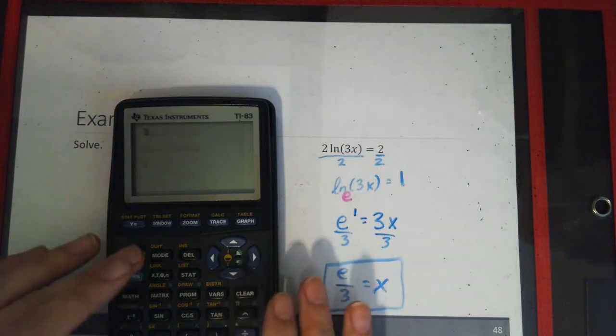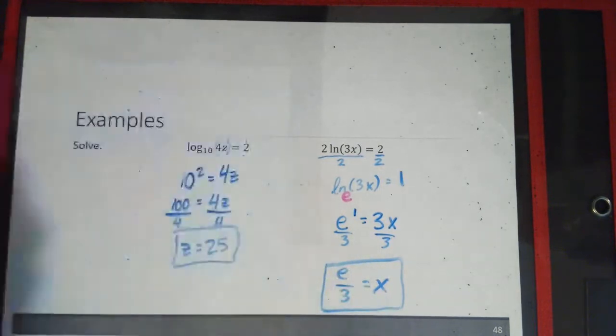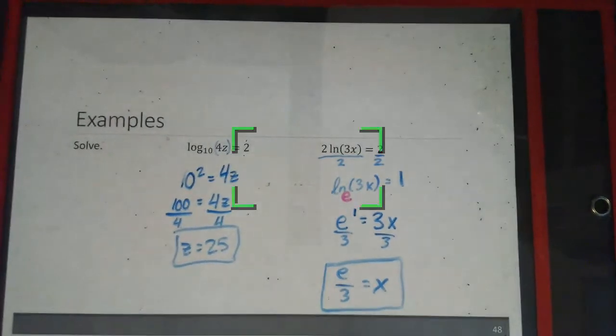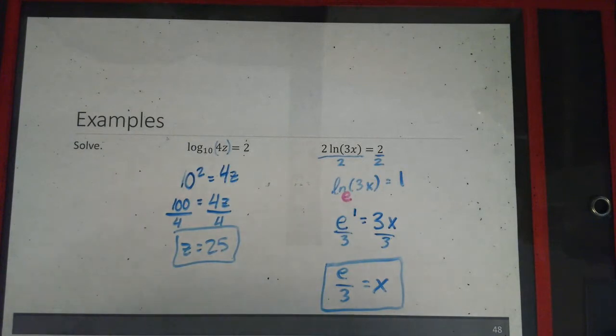So I know that both of these ones turned out okay. So if you're dealing with one logarithm, your best bet is to put it in exponential form. But you can't put it in exponential form until your logarithm is by itself.